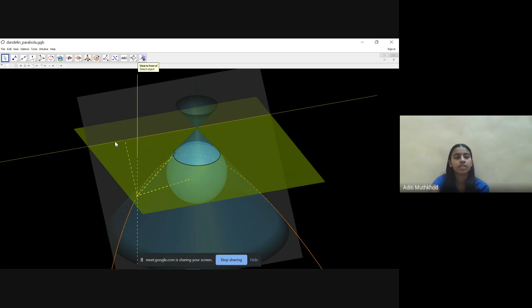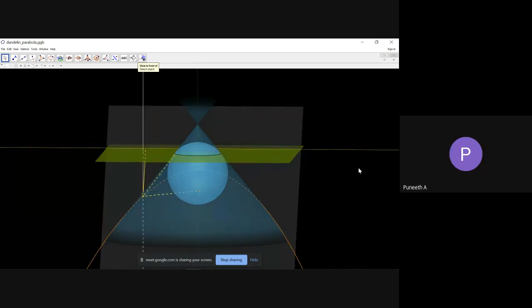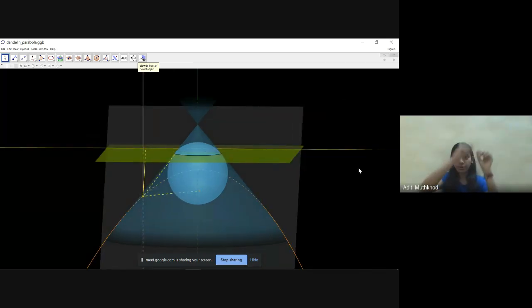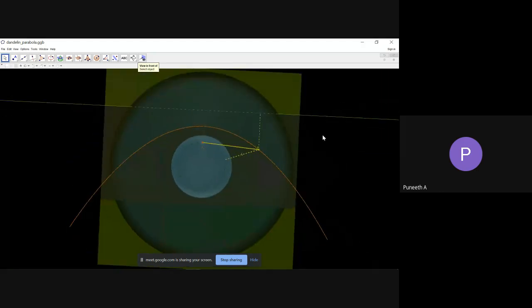The distance of every point of the parabola from the focus is equal to the perpendicular distance. Does that make sense? Can you just tell me where is the point of focus?